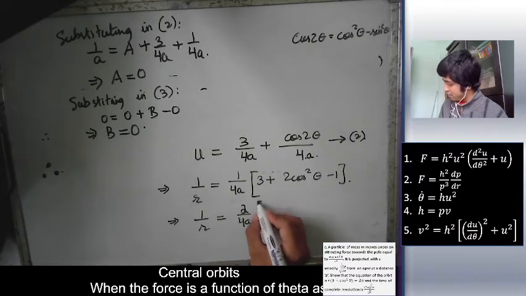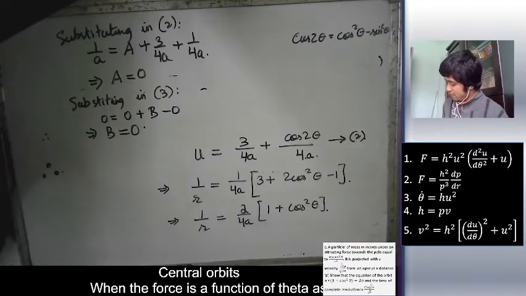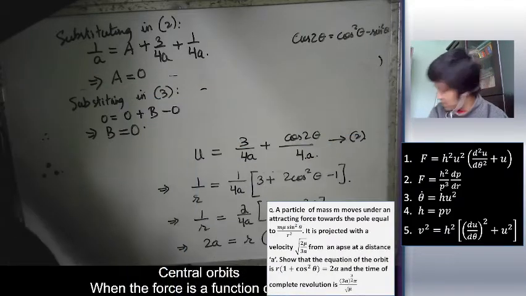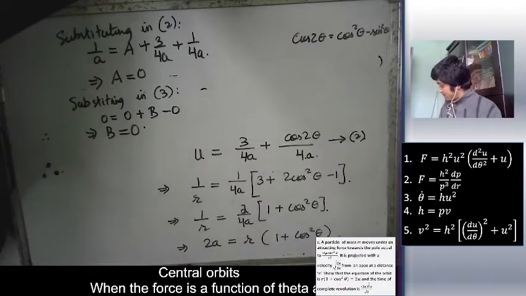You can take common 2. It will be 1 plus cos square theta. So cross multiply and cancel. You will be having 2a equal r, 1 plus cos square theta. So let's hope that is what we need to get. Indeed, which is the required part.